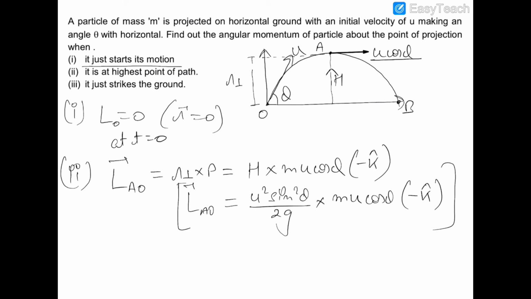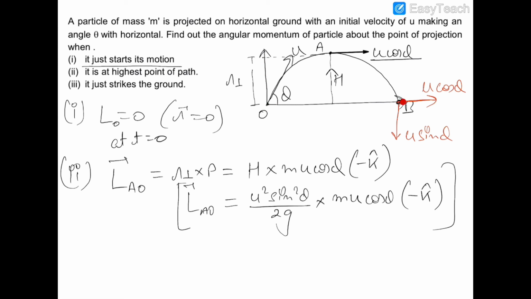Now when the particle is situated at point B, it would have velocities in the x-axis, which is u cos theta, and in the y-axis, which is u sin theta. Because we know that at the moment when this particle is again on the same level as the point of projection, which means when it is again striking the ground, the velocity of this particle would be the same as it was initially at point O. So initially the y component was u sin theta and the x component was u cos theta.